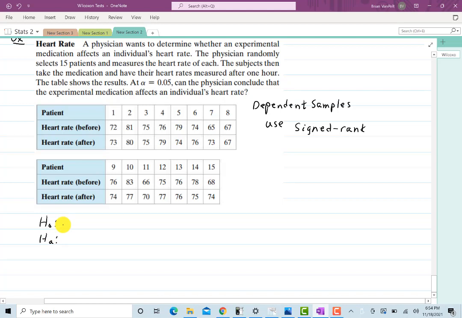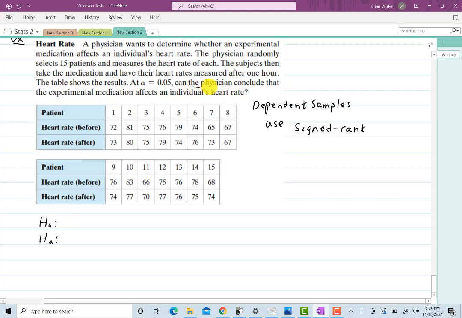All right, so we want to know if an experimental medication affects an individual's heart rate. The physician randomly selects 15 patients and measures the heart rate of each. The subjects then take the medication and have their heart rates measured after 1 hour.